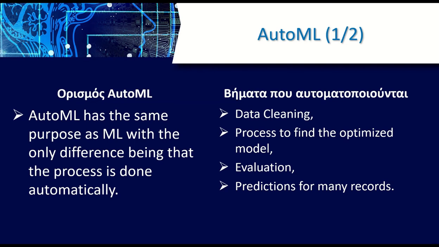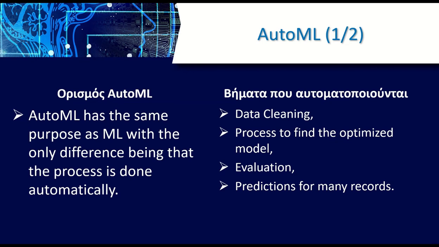Then finding the optimized model is the most time consuming step, so we have to focus on it, and that's why we are trying to automate machine learning, because this step is the biggest and has a high risk of mistakes.